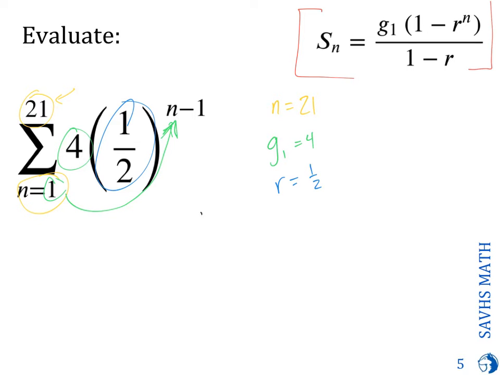So n is 21, so I can write S21 is equal to g1, which is 4, times 1 minus my ratio, which is 1/2, to the n, which is 21. Notice that the exponent is only on the ratio, it's not on the whole 1 minus part also. And then divide by 1 minus 1/2.